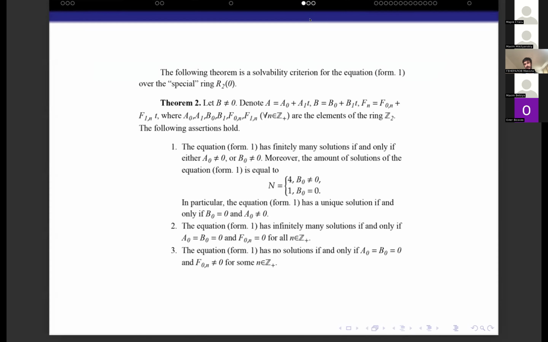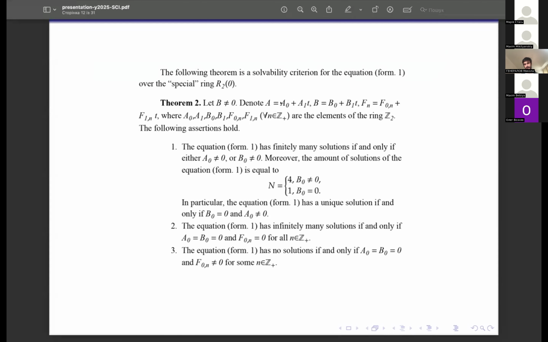Denote A, B, and F sub n in the following way. A0 is the coefficient without T, A1 is the coefficient before multiplication by T, and likewise for B and F1n. All these A, B, and F are elements of the ring Z2.